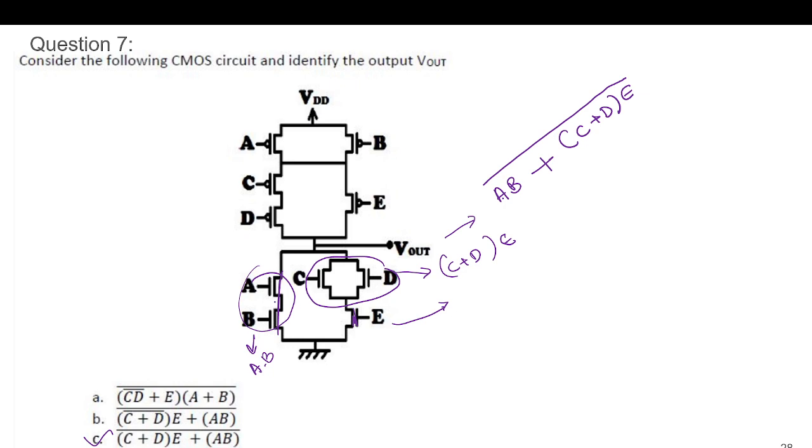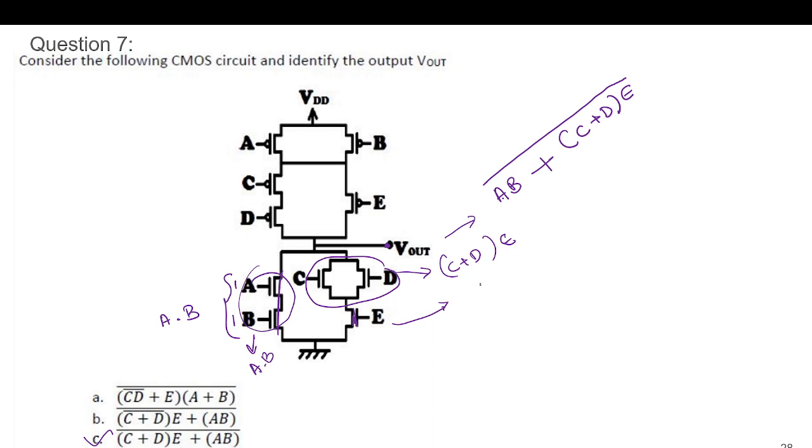Yes. These two are in series. So if both are on, then only there will be a conducting path. So it will be like an A and B operation. The final operation will be a complement because this is CMOS logic; this network will not be providing a path to VDD, it is providing a path to ground. And here, if any one is on, it will provide the path.